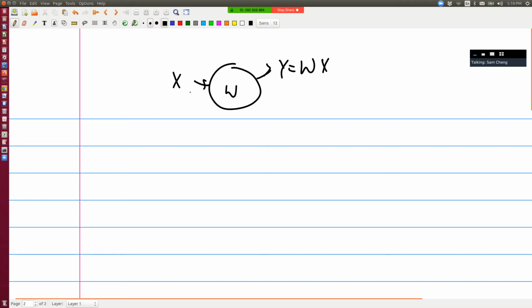In general, this is a vector, this is a vector, and this is just a linear operation, but maybe I have some more complicated operation.